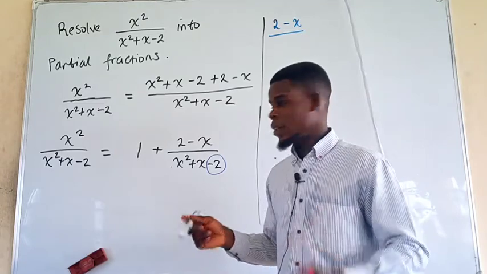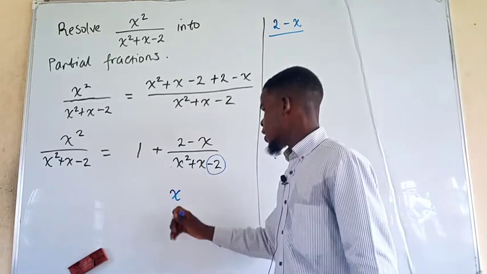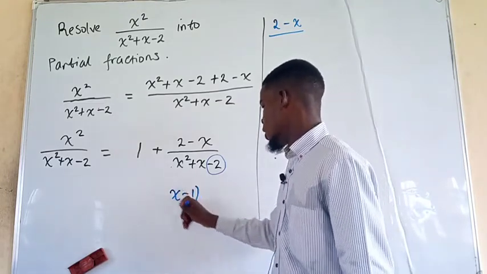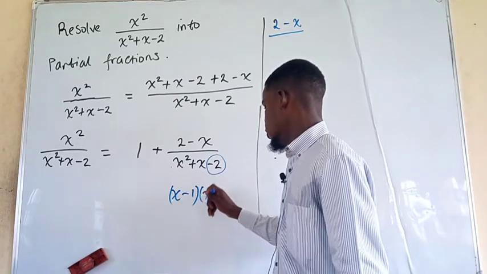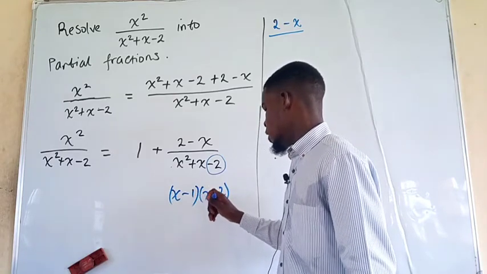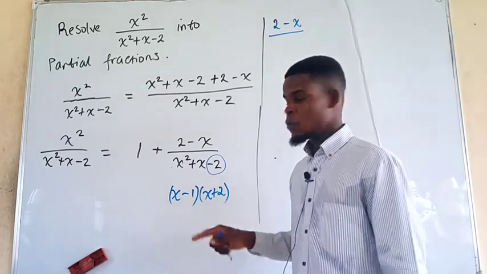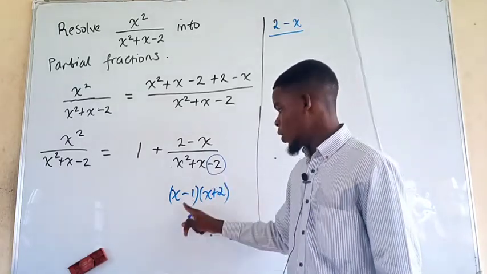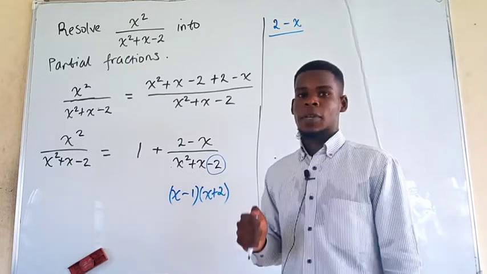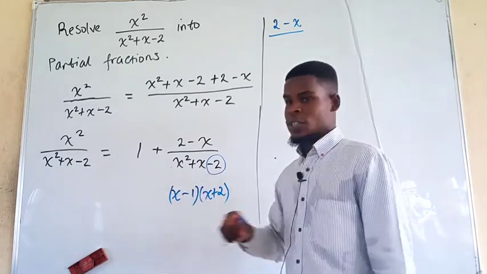After everything, we are going to have x minus 1 and x plus 2 as the two factors, because the two numbers are -1 and +2. The product gives us -2, but -1 plus 2 gives us +1. And here is just 1.